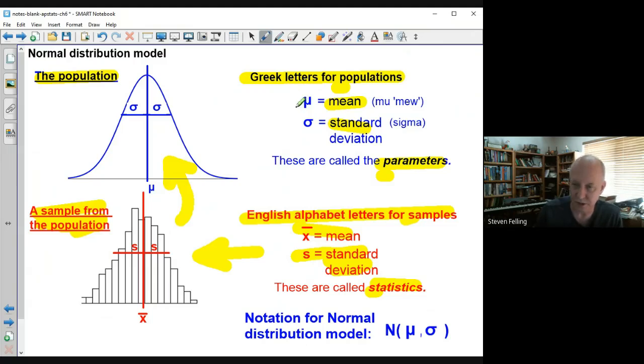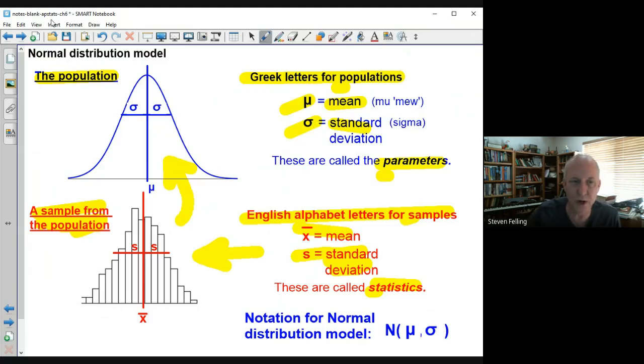And we use this letter here, which is called mu. It's the lowercase m in the Greek alphabet. And we use this letter, which is sigma, lowercase s in the Greek alphabet, when we're talking about standard deviation. So we either use x-bar for mean if we're talking about a sample, we switch to mu for the mean if we're talking about a population or a model, and then s for standard deviation for data, for samples, sigma for standard deviation for models.